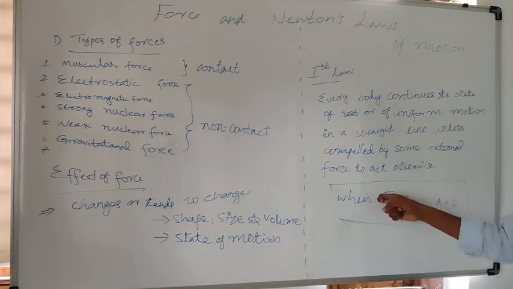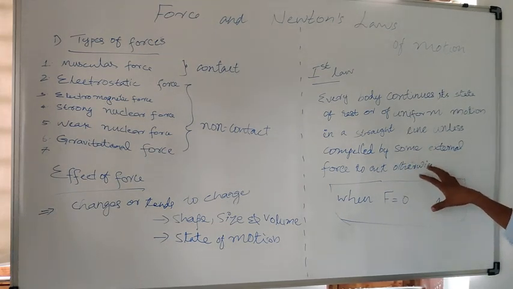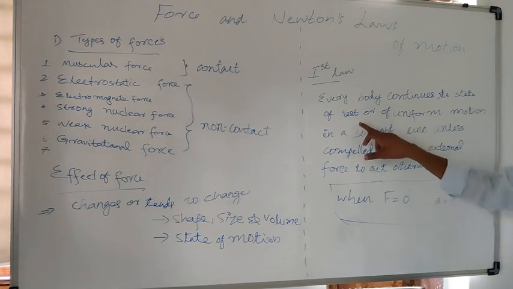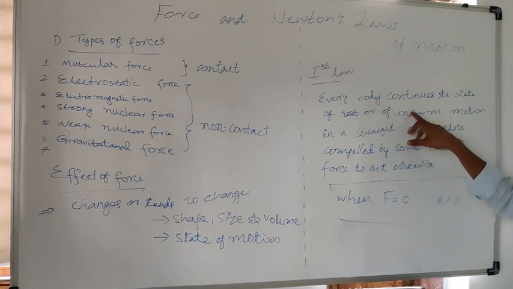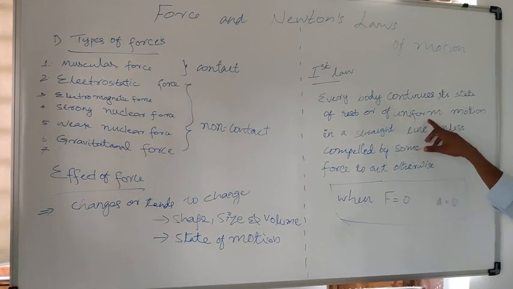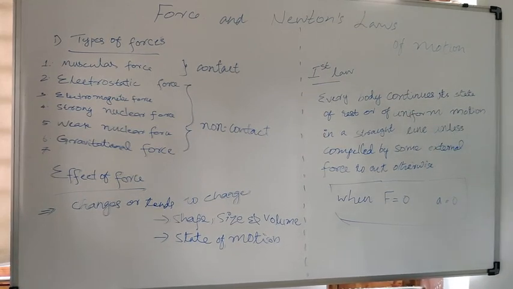Now again we are summarizing. The body can be either at rest if force is 0, or the body can move with constant velocity. If the body remains at rest, then the acceleration is 0. Change in velocity by time is 0.